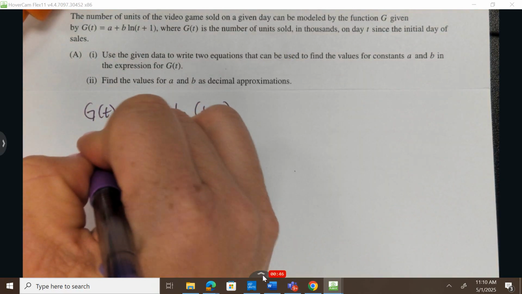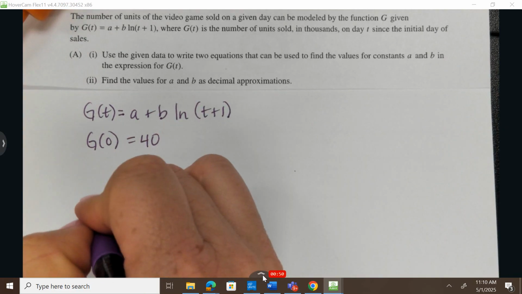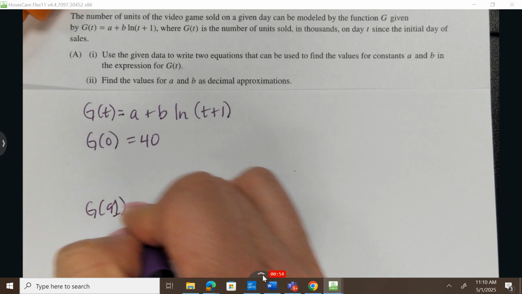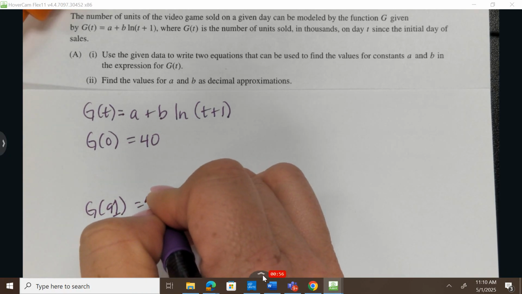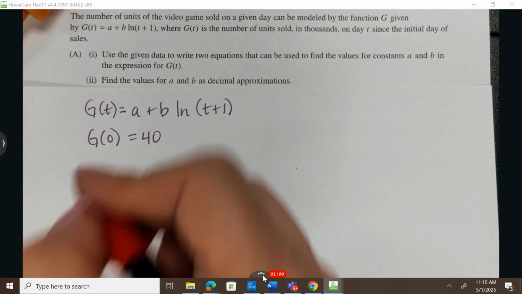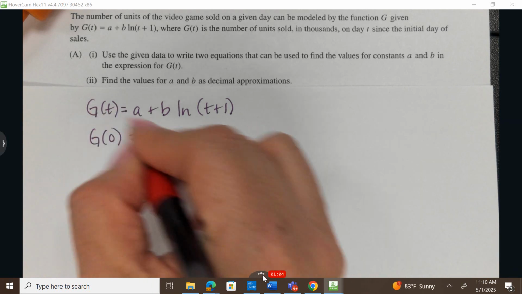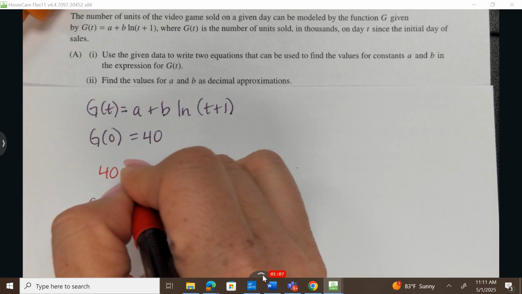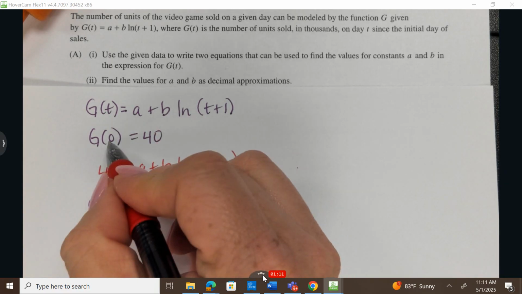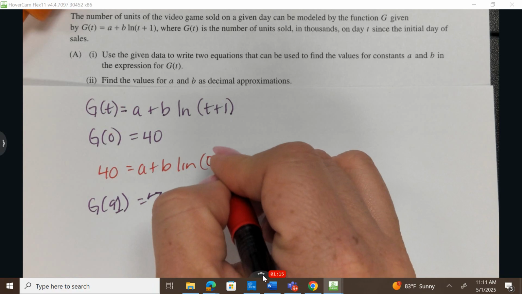Now, what do we know? We know that on day 0, there are 40,000 games sold, and we know 91 days later, there are 76,000 games sold. Okay, so our first equation, I'm substituting 40 for G of T: 40 equals A plus B ln of, now this is when our initial day was 0, so T is 0, plus 1.